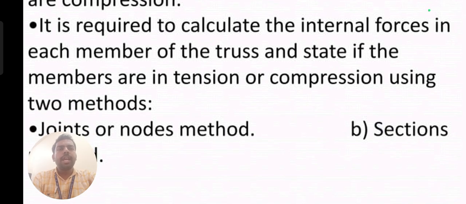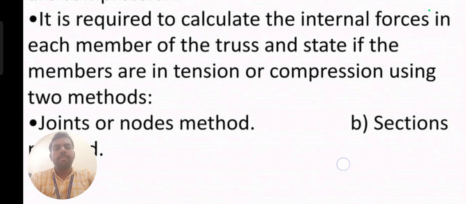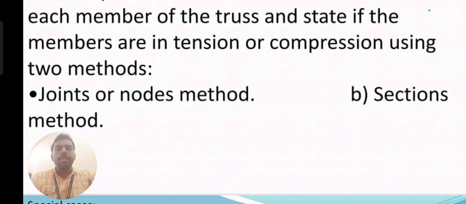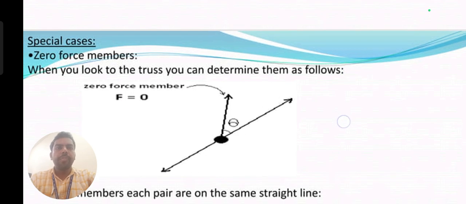So we calculate the internal forces on each member of the truss and state whether the members are in tension or compression, using two methods. What are the two methods? The joint method or nodes method, and the section method. Not only the nodes method and the section method, there is one more method for special cases, that is zero-force members.